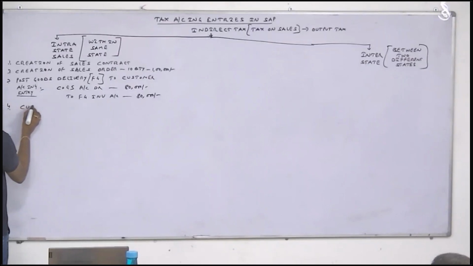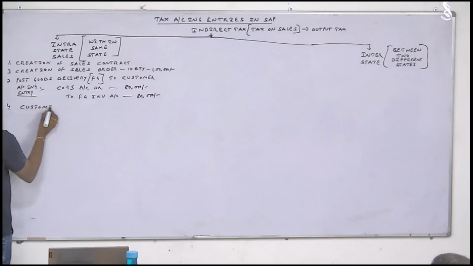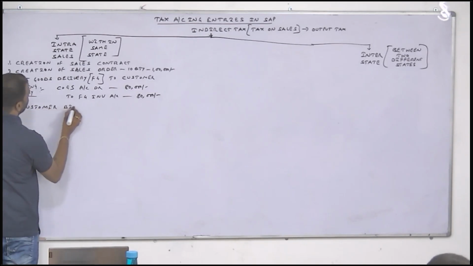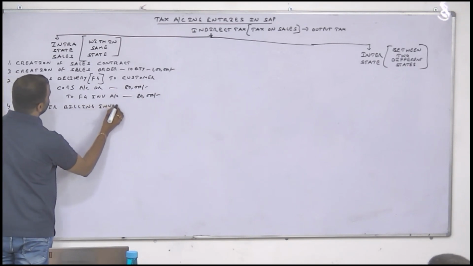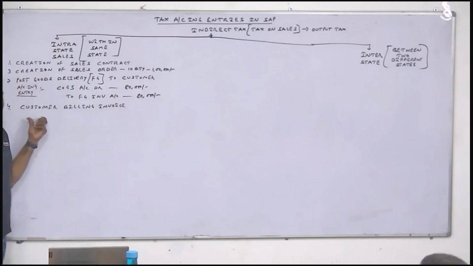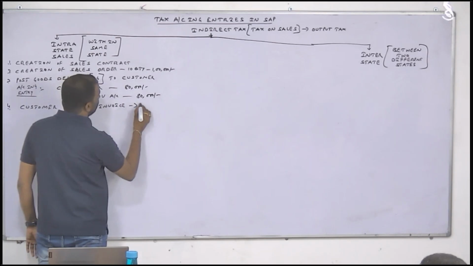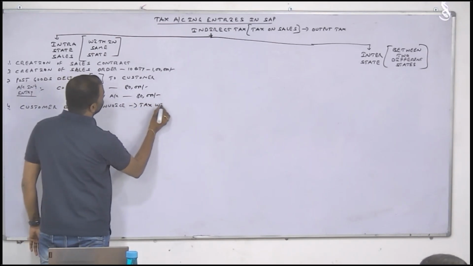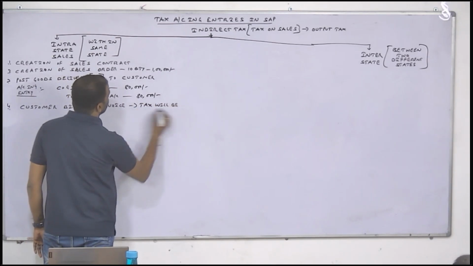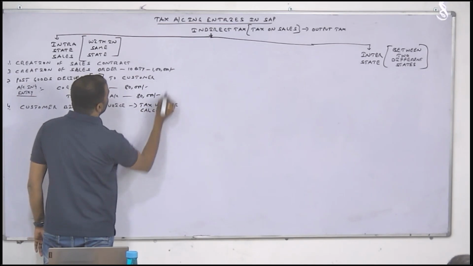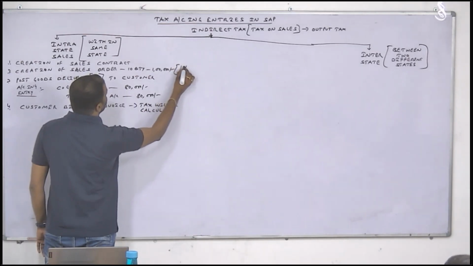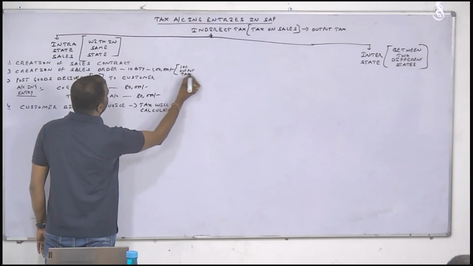Customer billing invoice. So when will tax be calculated? At the time of invoice, not at the time of goods delivery. People always should remember. Here tax will be, just assume, 10% output tax.